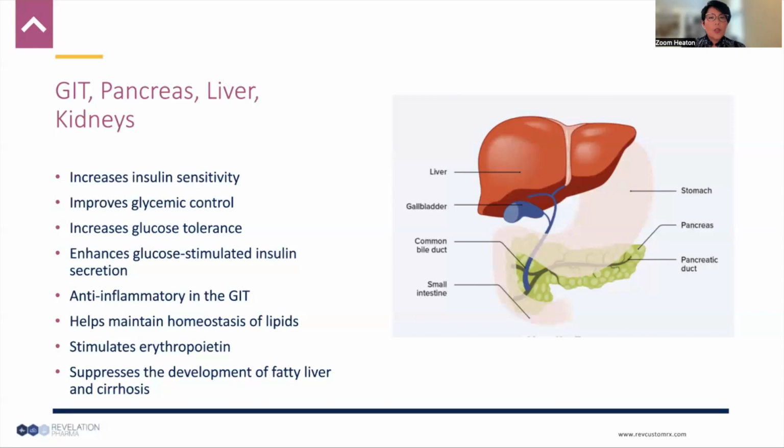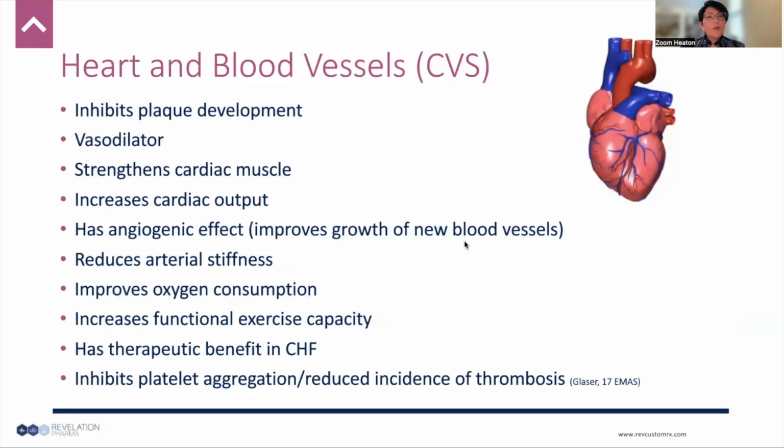So it helps to make your red blood cells. It suppresses the development of fatty liver and cirrhosis. And fatty liver is rapidly becoming a major problem in this country. And it's mainly because of our diet, high in carbohydrates and sugar. Androgen receptors are also in the heart and blood vessels. It inhibits plaque development.